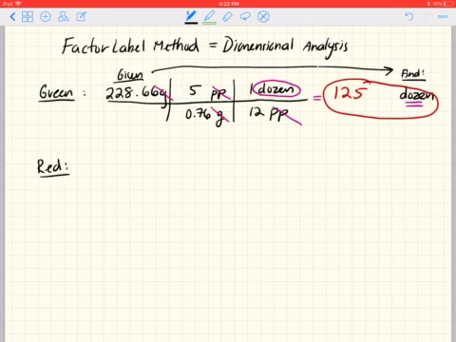I was given that earlier on for question number 2, the red bag had a mass of 116.76 grams. And I'm going to set up my grid. I know that 5 red packing peanuts have a mass of 0.30 grams. All right.